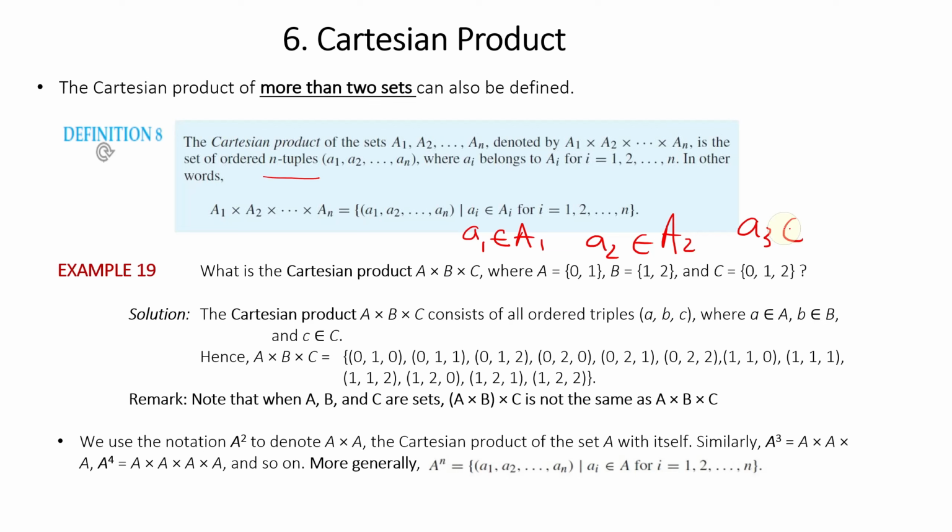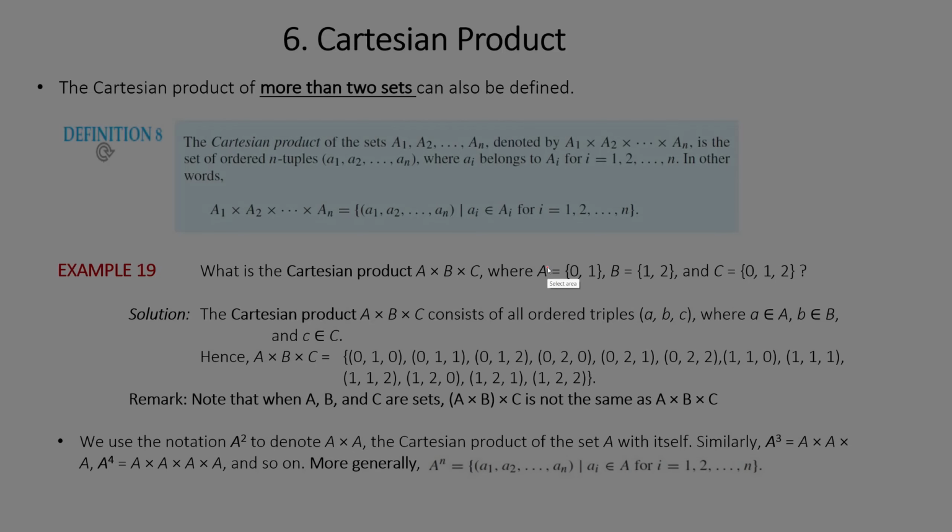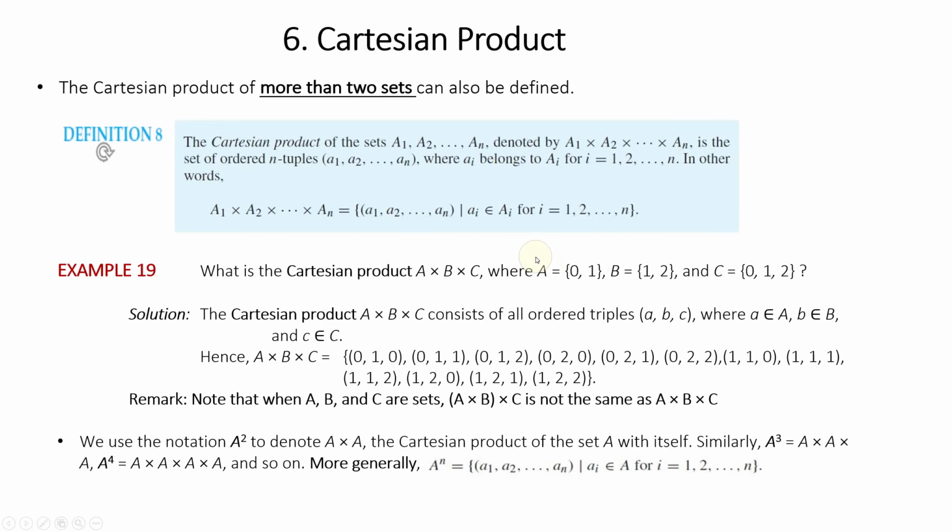A3 is an element of the set A3, and so on, because you see we have sets A1, A2, etc., and then we have elements of the sets. So then if we have something like this, okay, that's not what I want.